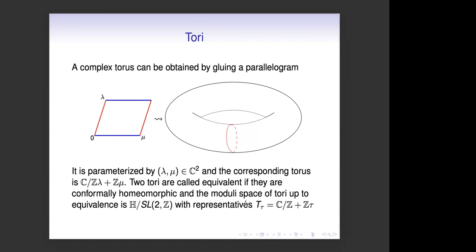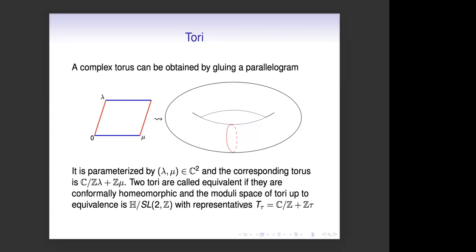So the equivalence classes of complex tori are characterized by elements of the upper half plane, modulo the modular group action.